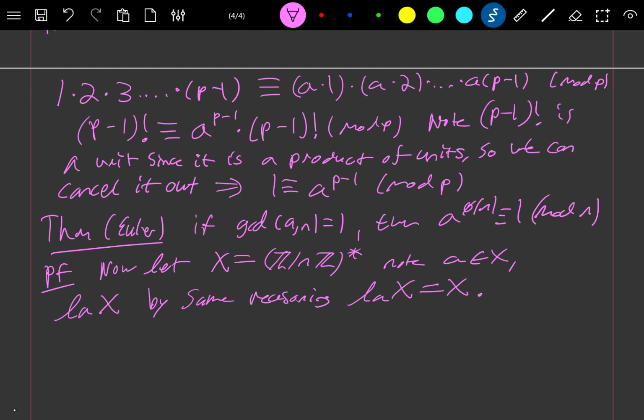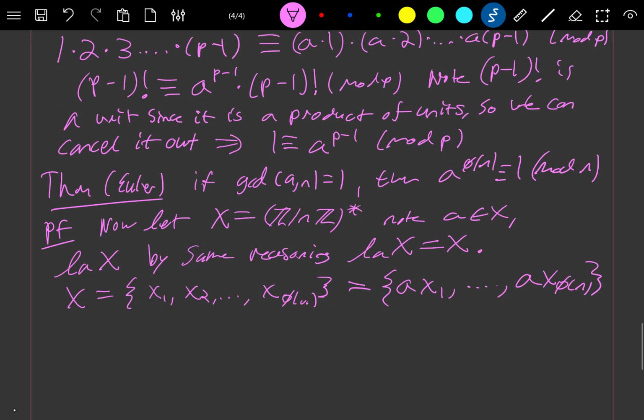And now, I don't know what the elements of x look like, so let's call it x sub 1, x sub 2, but we know that there are phi of n such elements. And this is equal to the set a times x sub 1, all the way to a times x sub phi of n. And let's multiply everything together.